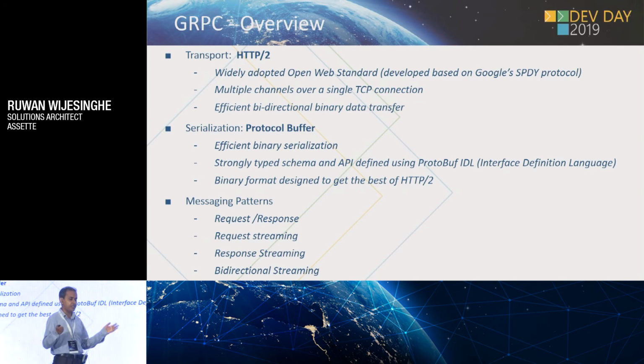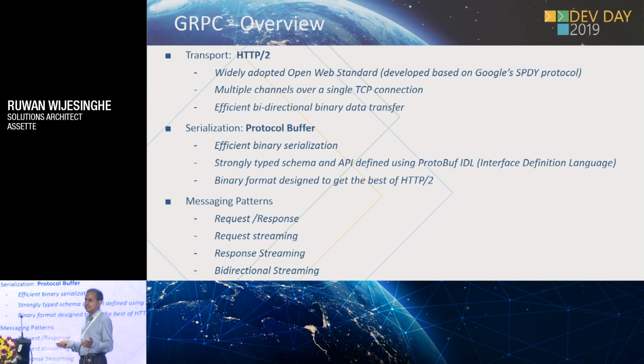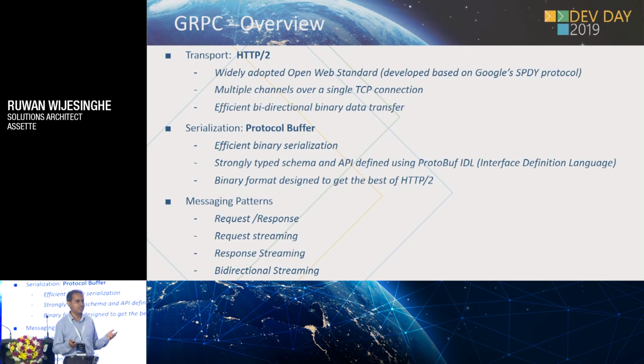What I mean is not Node.js JavaScript, but browser JavaScript. If you have browser-based JavaScript clients, then REST or JSON RPC will be the best alternative. But gRPC also supports messaging patterns: request-response, request streaming, response streaming, and bidirectional streaming.